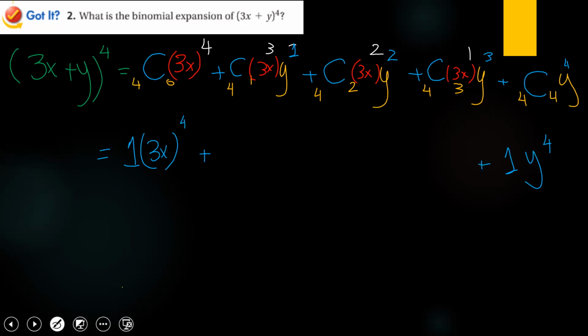Now let's continue now these 3 terms. Now combination of 1 from 4. I think it is 4.